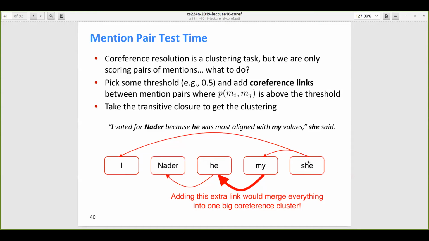Here, she and I are co-referring, and she and my are co-referring. That would form these kinds of chains where every word is somehow co-referring to the other, and these mergers form big clusters which are not really good.